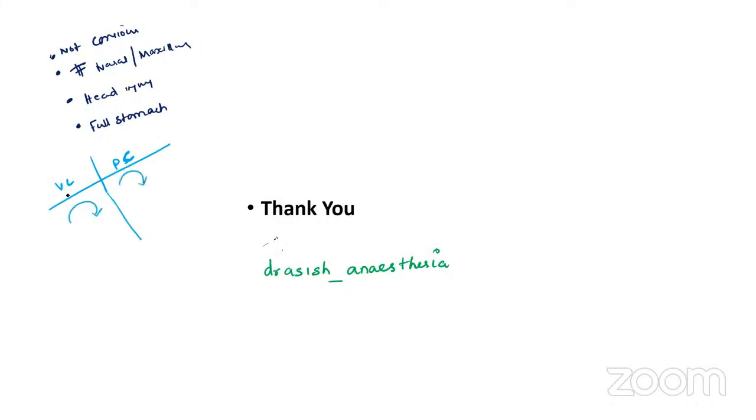Say in a volume control, 500 ml, you consider 500 ml as the volume control which you have kept. Our target is to achieve 500 ml of tidal volume for the patient. Now, if it is a pressure control and we keep a pressure of around 35 to 40, our target is to achieve this much pressure in the circuit. So we have no guarantee on the tidal volume, because we are only looking at the pressure control.